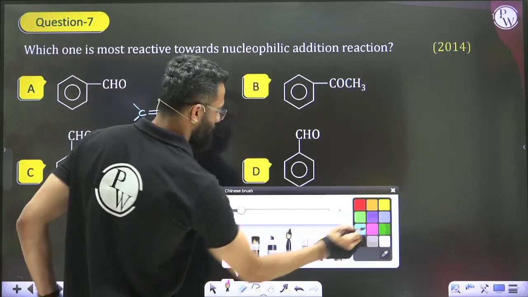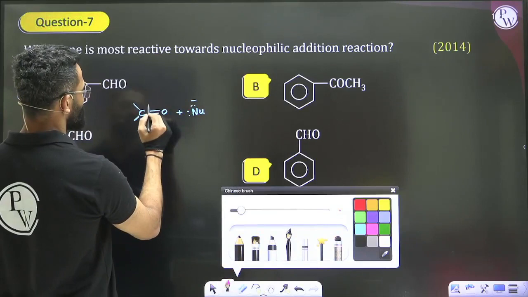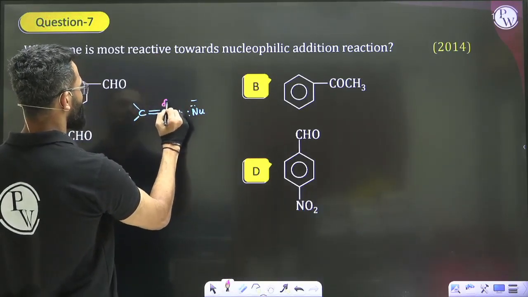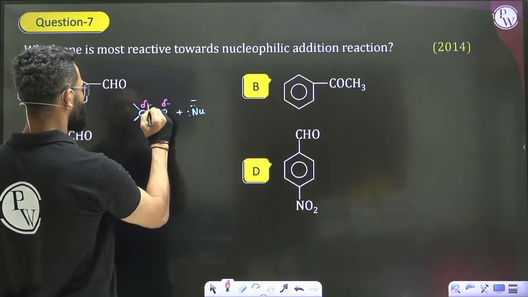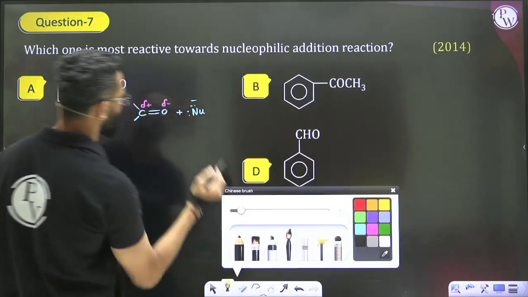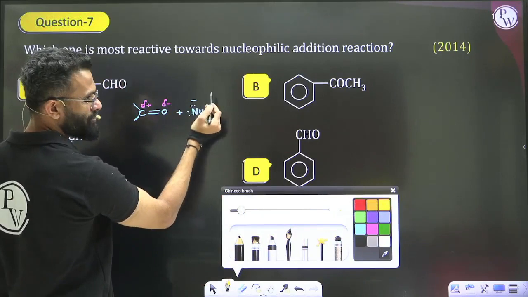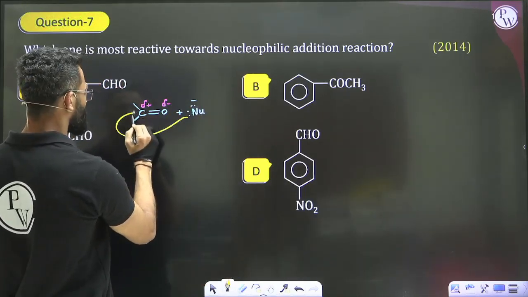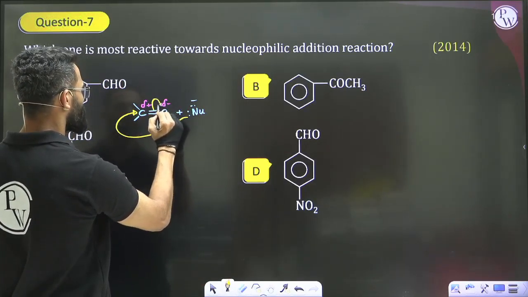Across carbon and oxygen, O being more electronegative acquires delta minus and carbon acquires delta plus charge. Such carbonyl compounds, when brought in contact with a strong anionic nucleophile like CN minus, then that nucleophile attacks at the deficient carbon and this pi bond breaks.